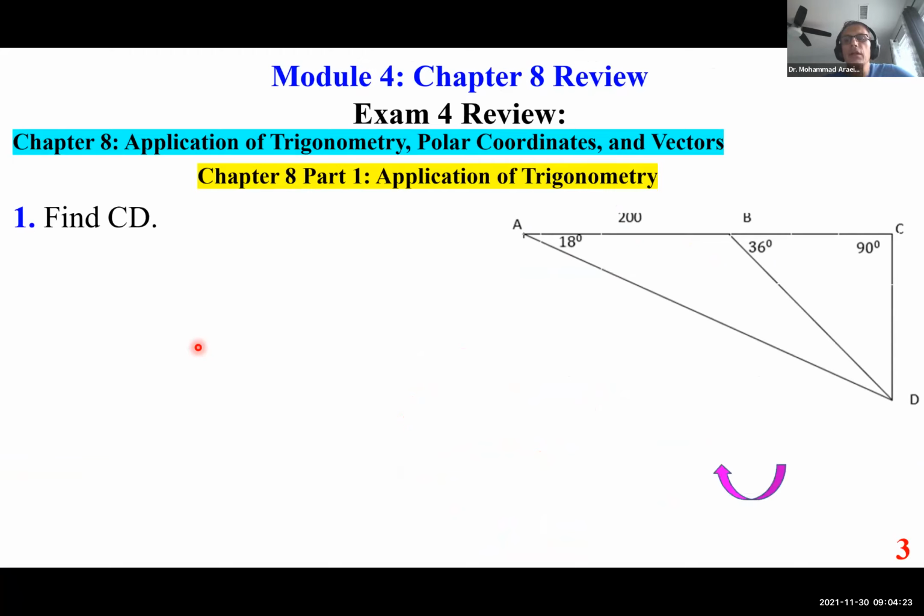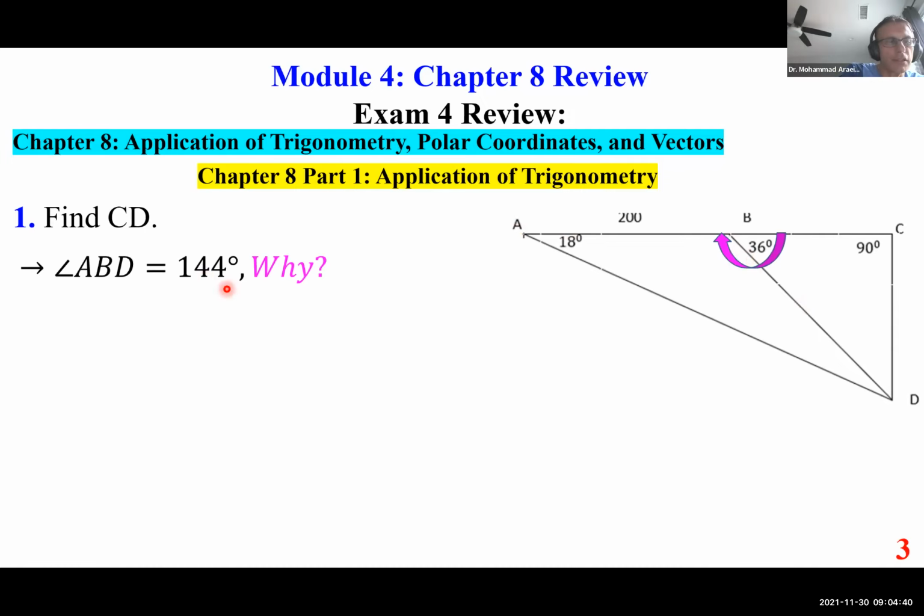Notice this is a straight angle of 180 degrees. Therefore, the angle ABD, this angle, is 180 minus 36. This is 180.